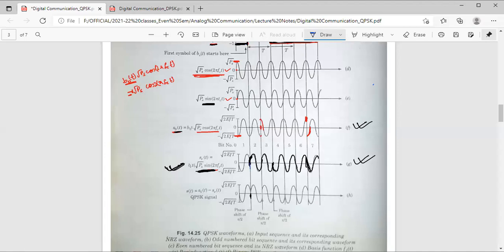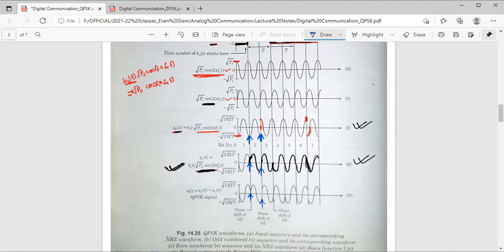So at this position, you can see here that there is an ambiguity, that is, here is some value and there is some other value. So there will be a phase change at this point. And yes, again at this point you can see that a phase change is required. So here also there will be a phase shift.